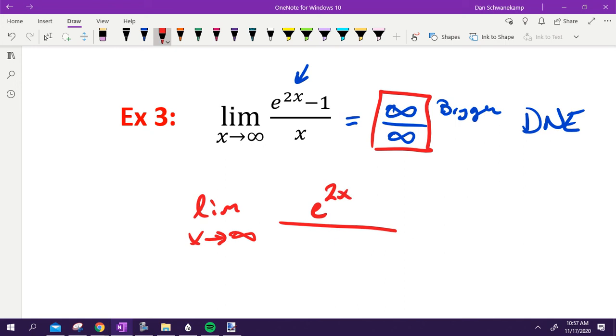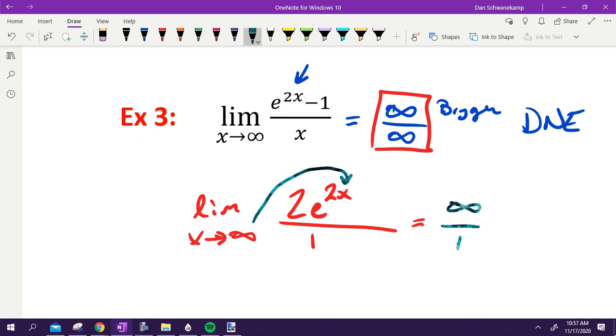Good. The derivative of e is what you see times the derivative of the exponent, times 2. And on bottom, the derivative of x would just be 1. If I plug in infinity now, oh, it'd be infinity over 1. Oh, yeah, that's D and E.